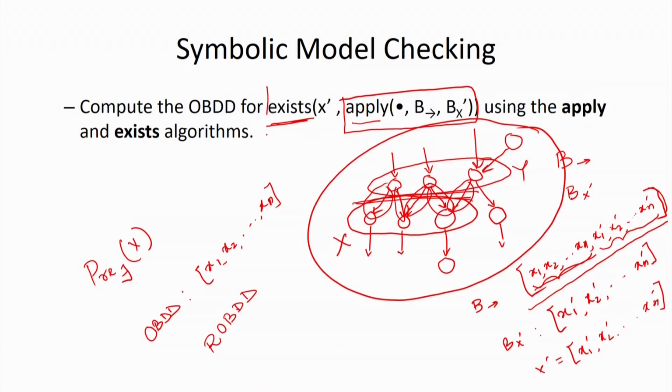That means, they must have the same variable ordering. Then, after application of these two operations, apply and exist, we are going to get an OBDD which indicates the predecessor states of the given set of states. Okay. So, now we have a method to find out the predecessor states of a given set of states, which basically is pre-dr exists.